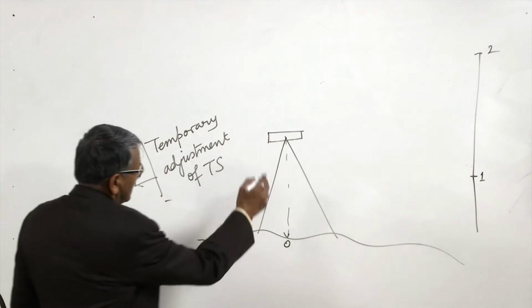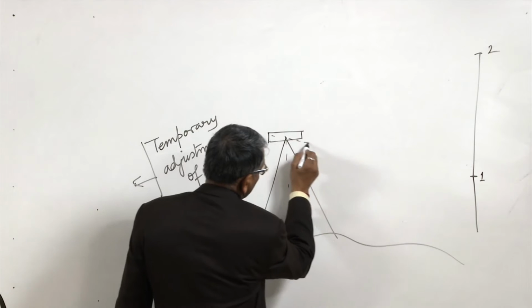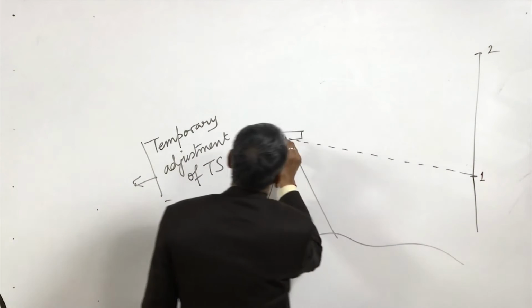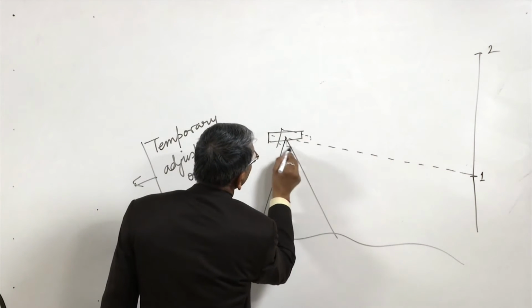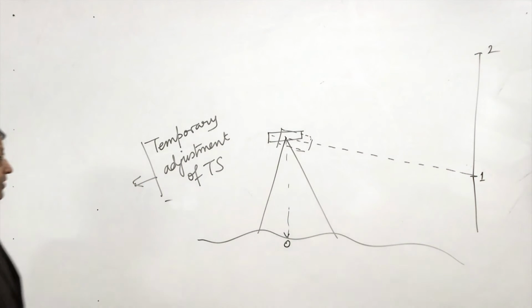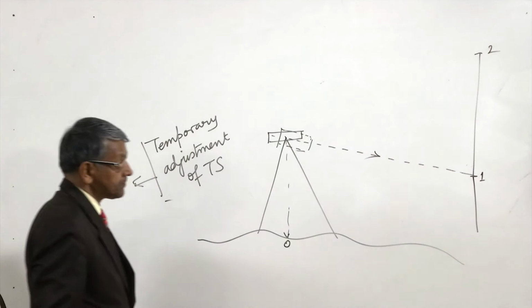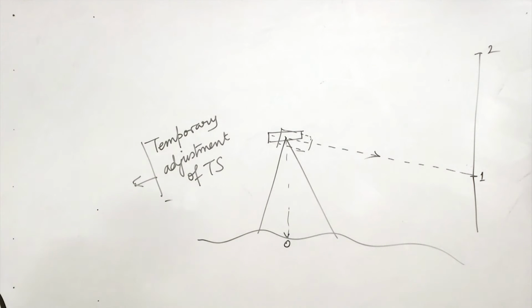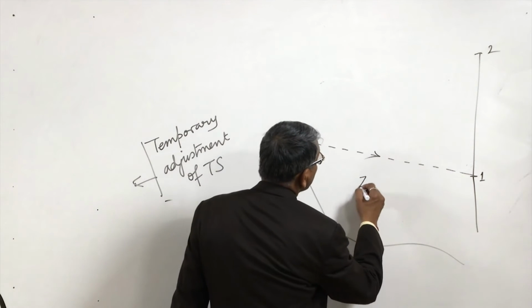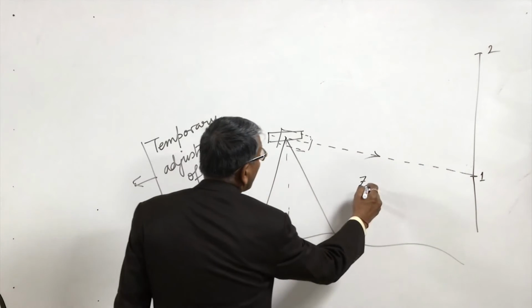Then we will direct the telescope towards the first target and bisect it, and we will get a zenith angle Z1.